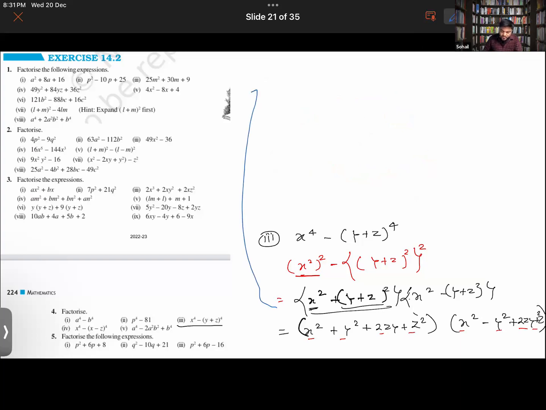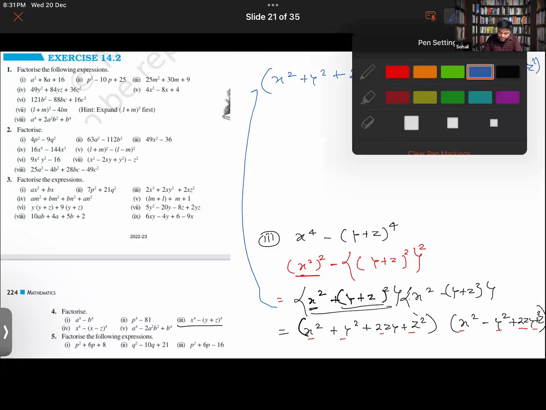So let's bring it over here. That is x square plus y square plus 2zy plus z square into x square minus y square plus 2zy plus z square.